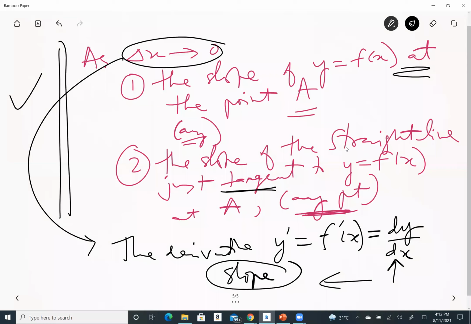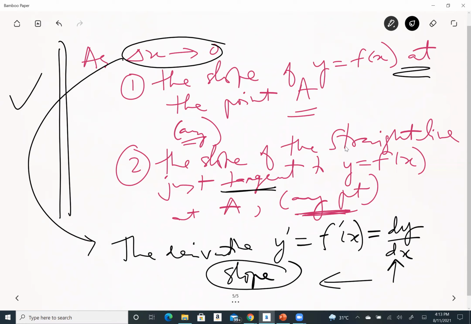If you recall, if you take physics at SPM level, if you have a function y equal to f of x, suppose it's the distance function. Now, what is the derivative of the distance function? Anybody recall?